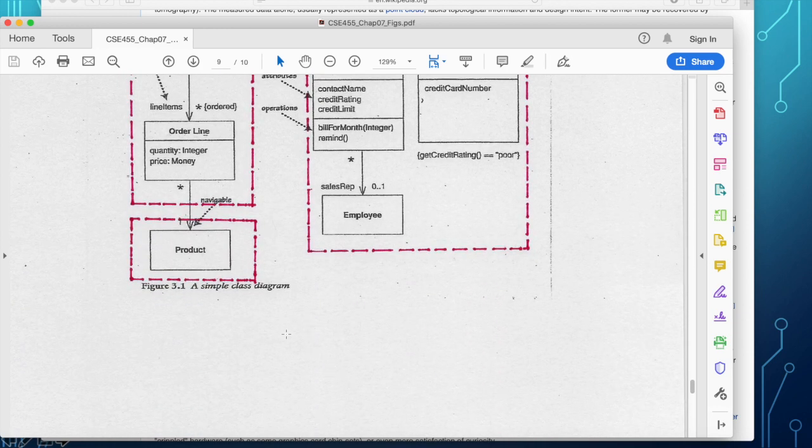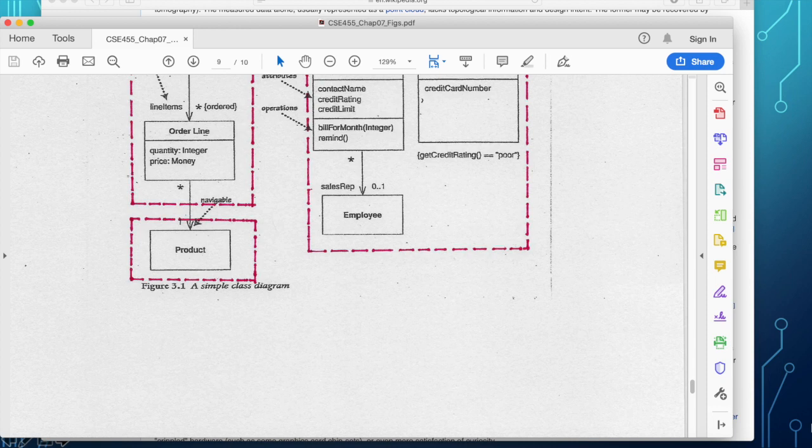And the product itself, we could not find any strong cohesion with the other boundaries. We have it as just one element in this package.